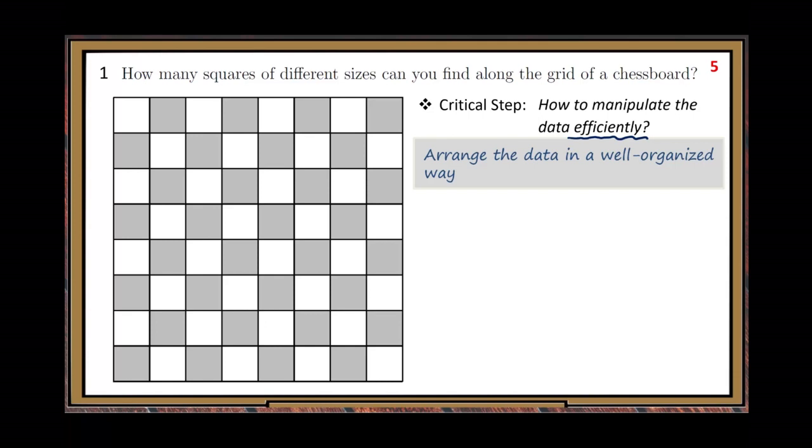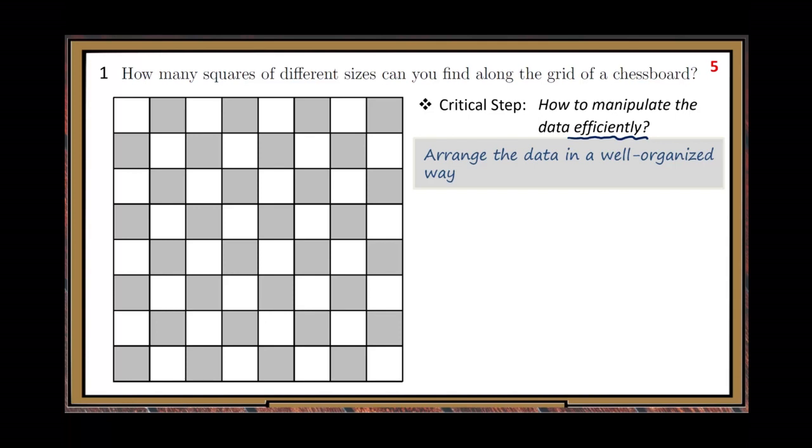That means not well organized. If the data is distributed not in a well organized way, then it is hard to manipulate. It is hard to do the data processing on it.